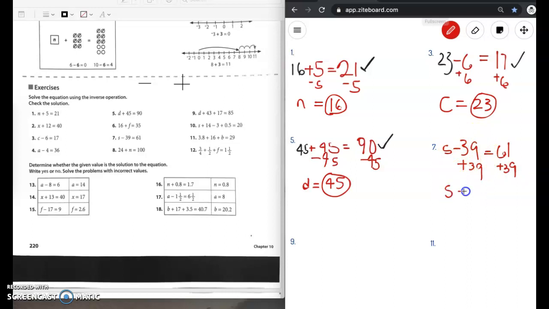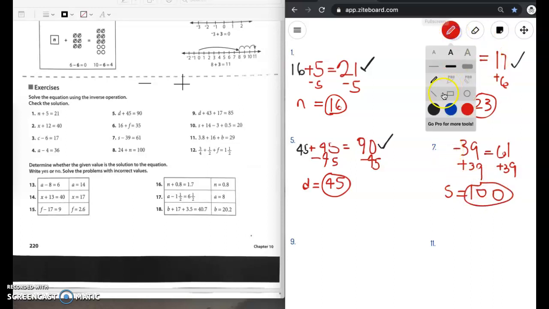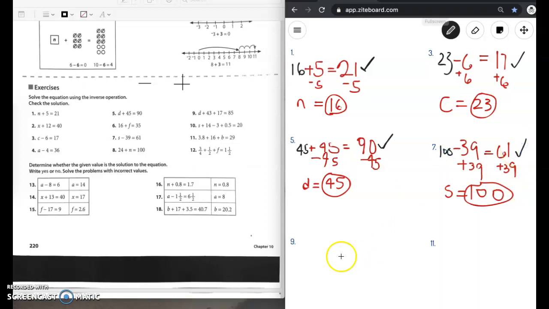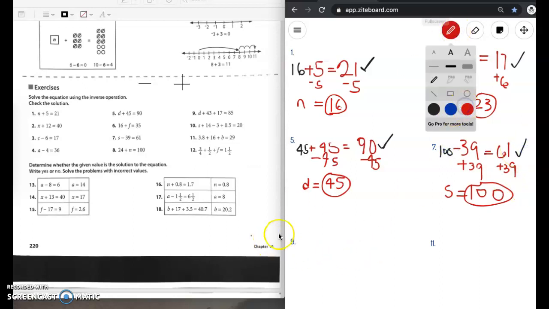So S equals 61 plus 39 is... Oof, that's the weirdest 0 I've ever drawn. S equals 100. Let's go ahead and check our answer. 100 minus 39, boys and girls, is it 61? Yes, it is. Fantastic.